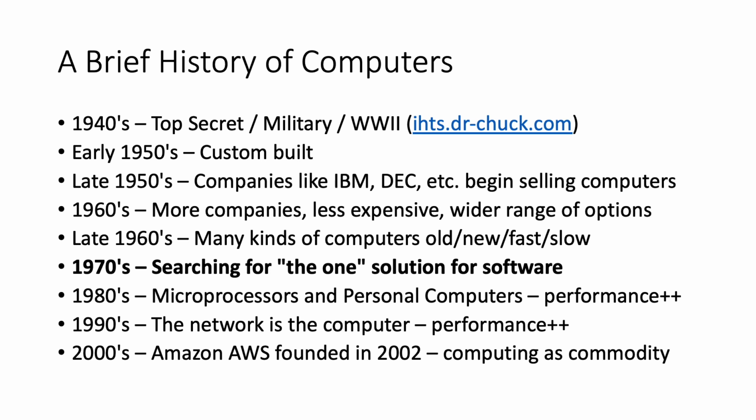And then there were just innovative new low-cost computers coming out. And in the 70s, in this milieu of lots of new and old computer hardware, the question was, is there a way we can do things with all of this old hardware? And is there sort of one solution? And that's where Unix and C came in.